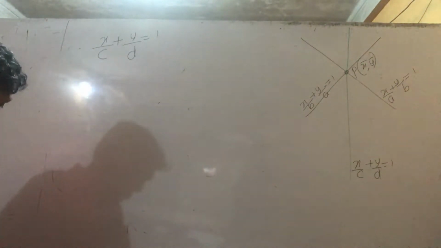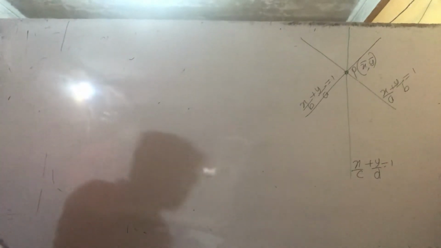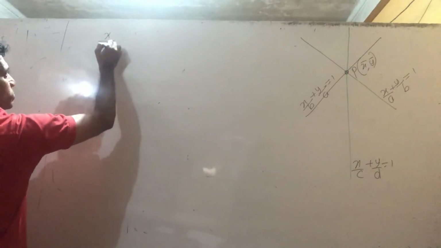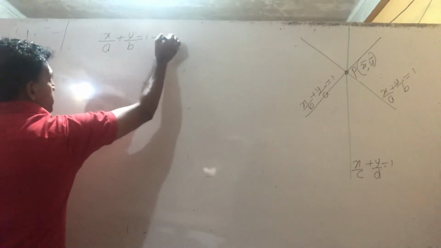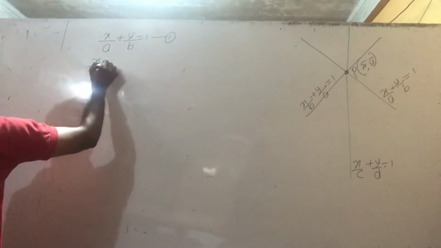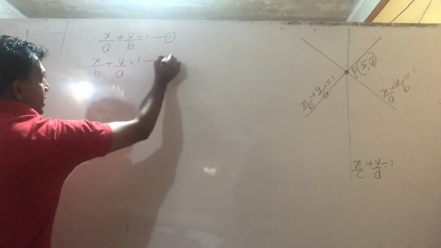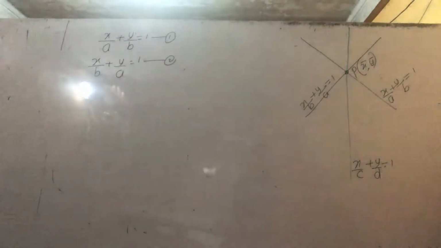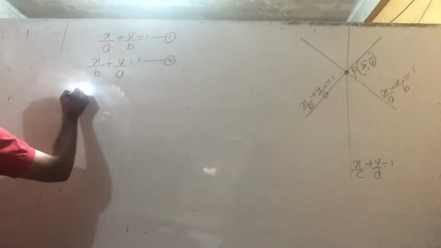Therefore, first we find the x bar, y bar coordinate, right? So x over a plus y over b equal 1, first equation. Other one, x over b plus y over a equal 1, second equation. Now solve this pair of simultaneous equations. Find the values of both x and y. I use some simple method, substitute.